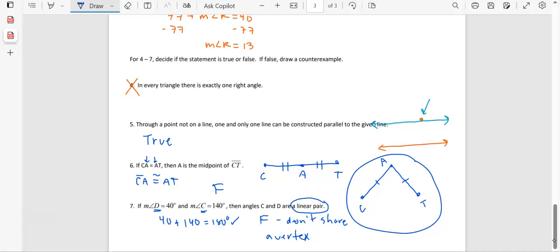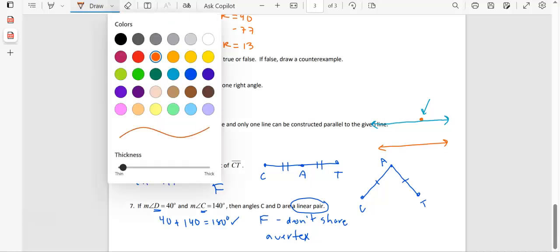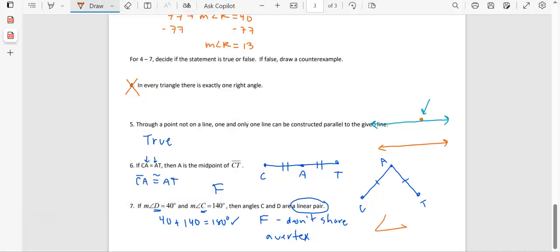In this case, I said draw a counterexample, so we could draw a counterexample, but you could also give a counterexample through explanation, kind of like what I did here. So here we have angle D is 40, and angle C is 140, and they are not a linear pair.